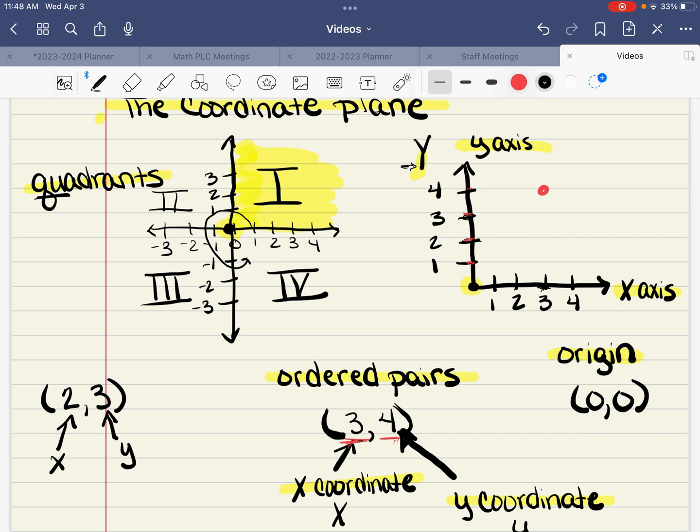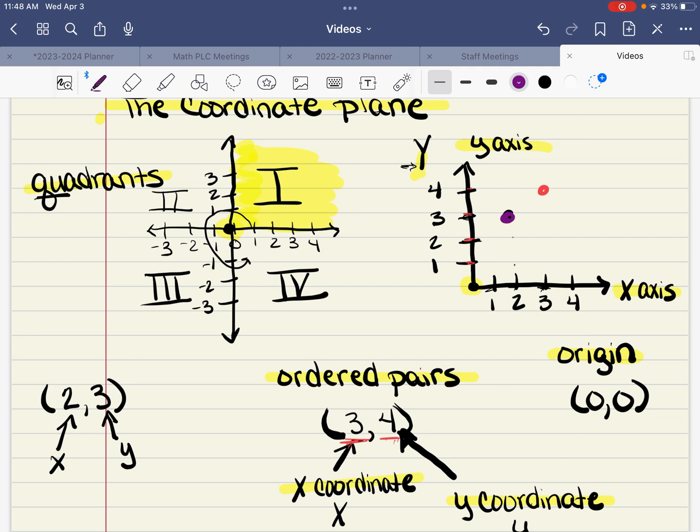Let's do purple this time. So we're going to go over 2. So 1, 2. Here we are at 2. And then we're going to go up 3. 1, 2, 3. And then we're going to put a dot right there where that meets. Oh, I said purple, but I wrote it in black anyway. There you go. So over 2 and up 3, and we're going to put a dot right there.